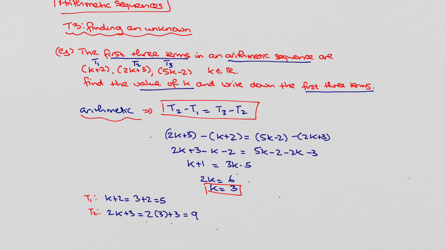So that's going to be 9. And then term 3 is 5k minus 2. So that's 5 times 3 minus 2, which gives us 13. So in other words, the first three terms are 5, 9, and 13.